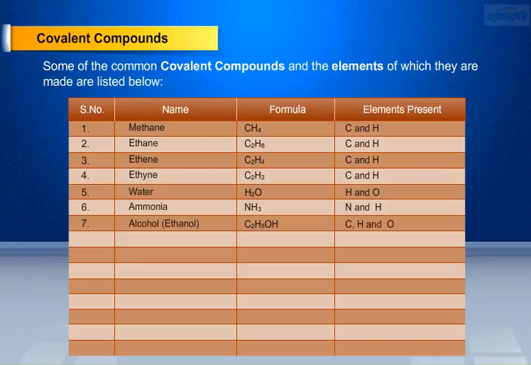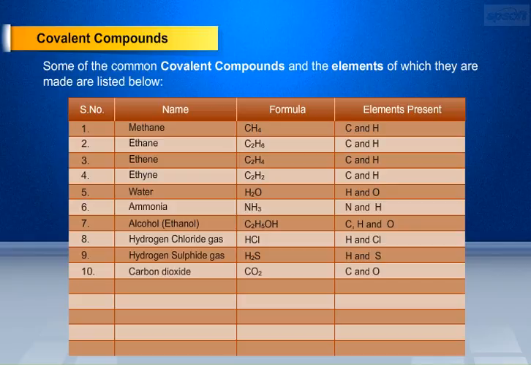Formula of alcohol or ethanol is C2H5OH, and elements present in it are carbon, hydrogen, and oxygen. Formula of hydrogen chloride gas is HCl, and elements present in it are hydrogen and chlorine. Formula of hydrogen sulfide gas is H2S, and elements present in it are hydrogen and sulfur.